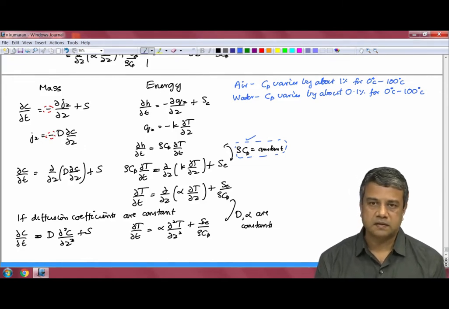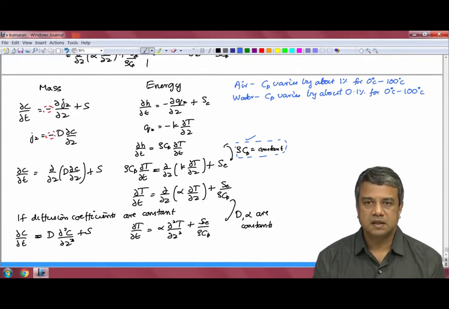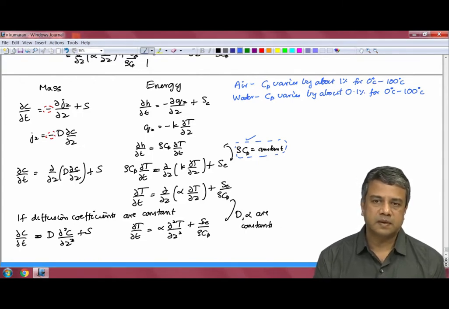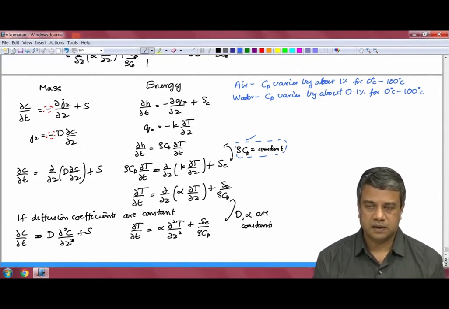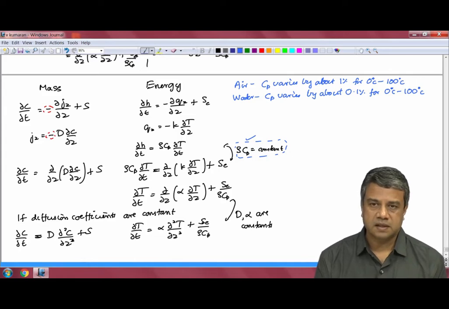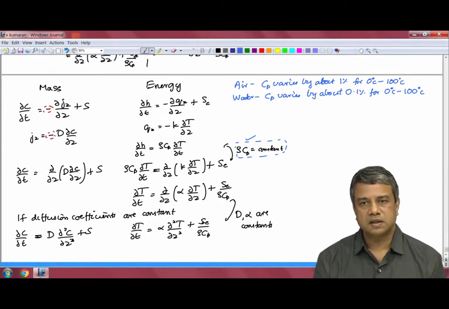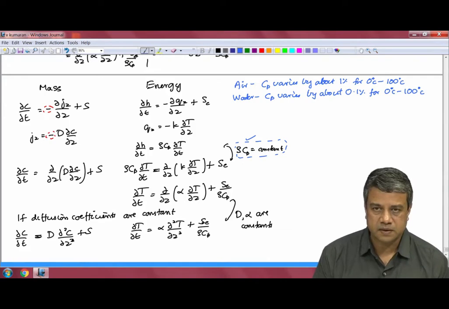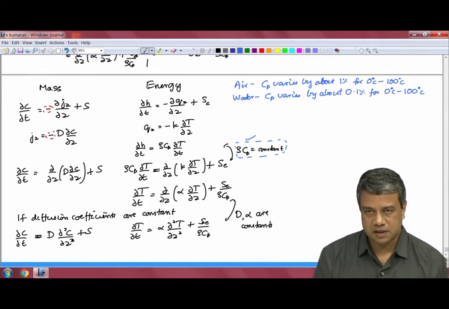In that case, the variation in the diffusion coefficient will scale roughly as the variation in temperature divided by the absolute temperature. So you require the variation in temperature to be much smaller than the absolute temperature to consider the diffusion coefficients to be a constant in gases.